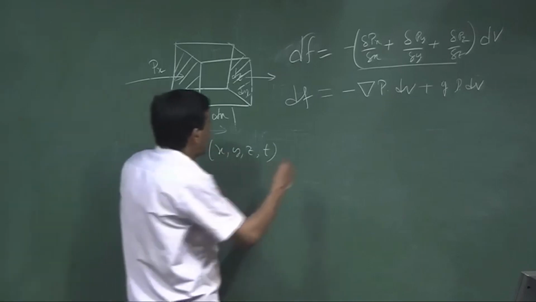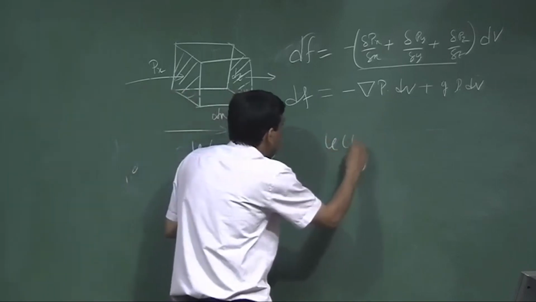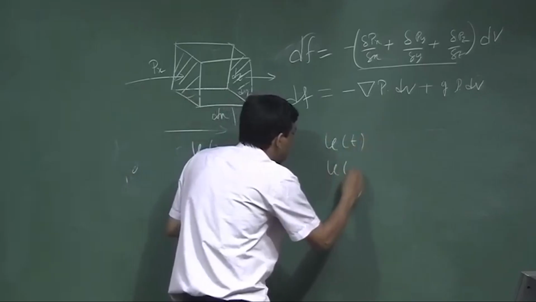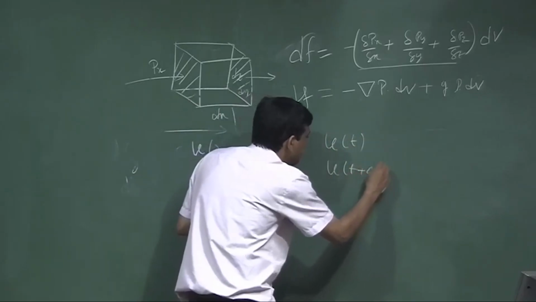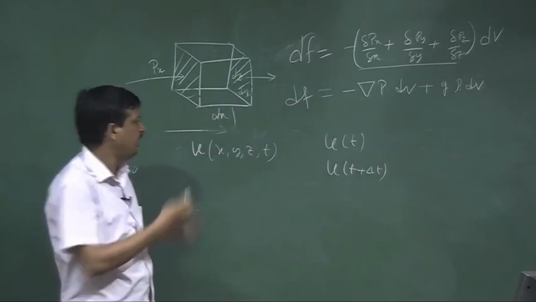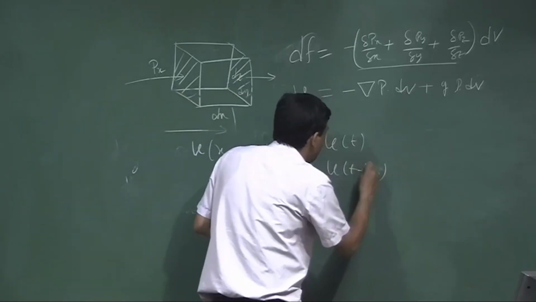Now, if I consider u at time t and at another time t plus dt, we always write dt.